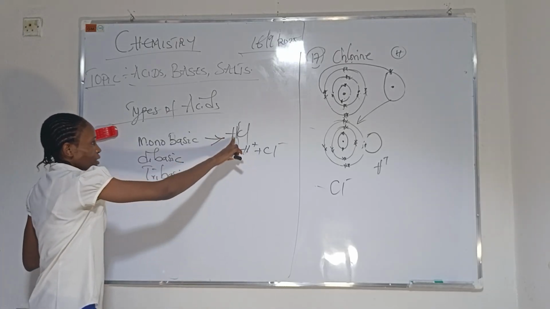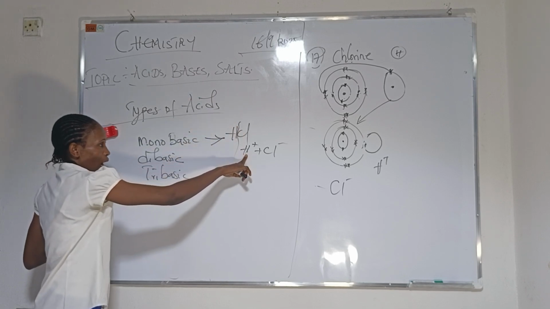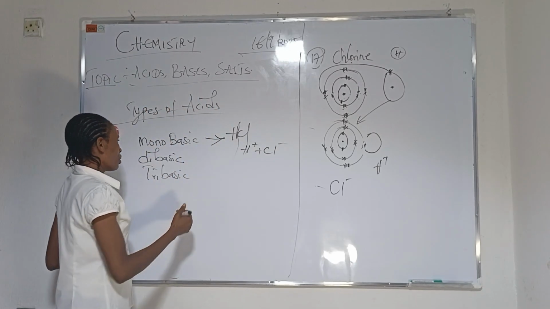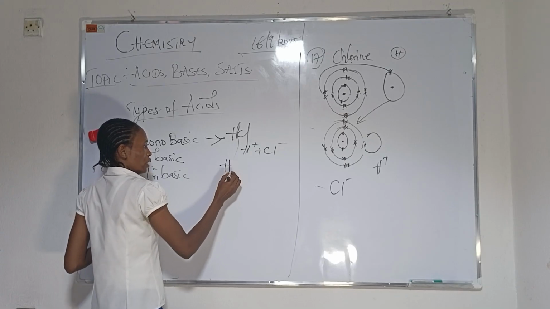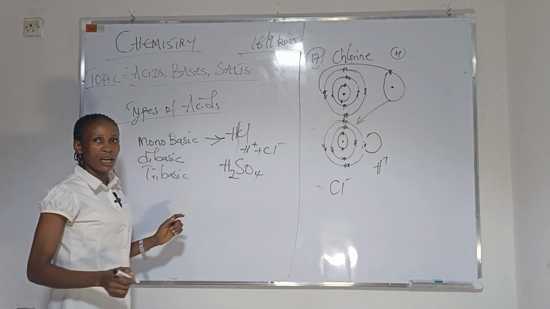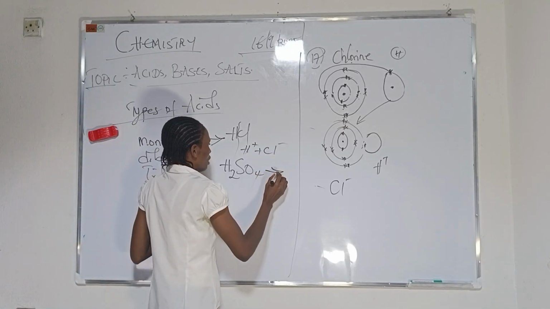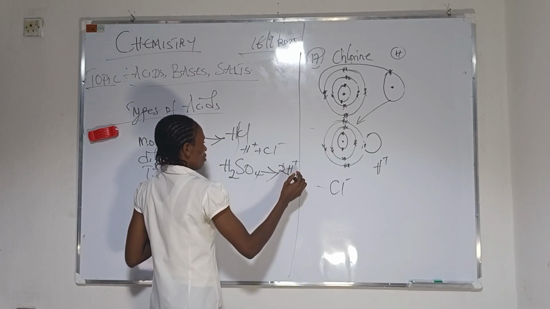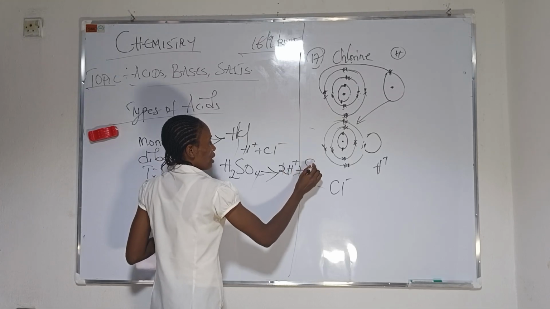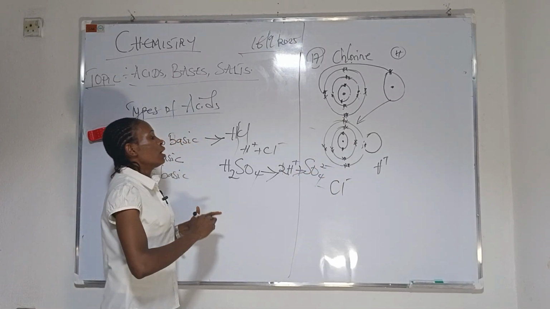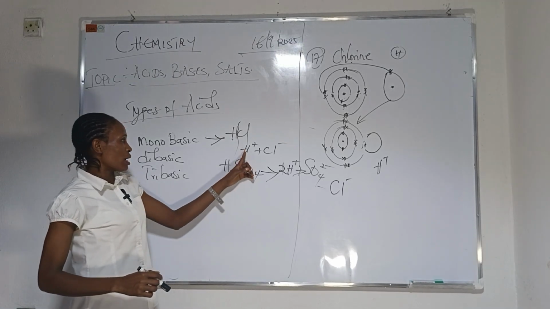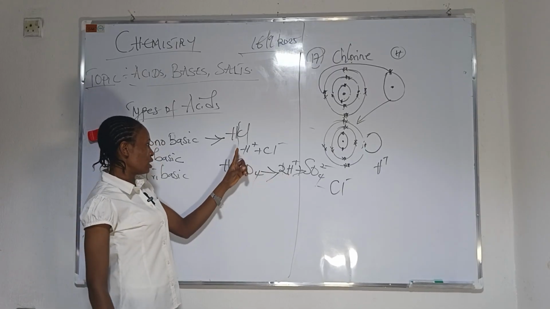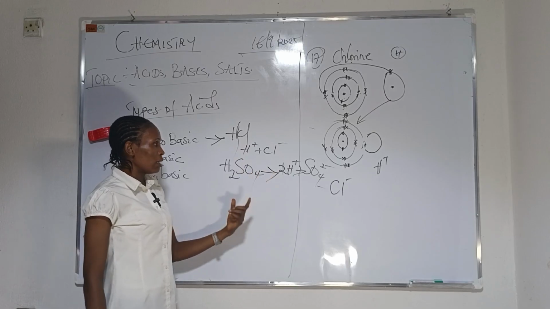When dissociation takes place, I am having just one hydrogen ion, and just one chlorine ion. Let's look at the second example. We have H2SO4, for instance. If dissociation takes place, I will have 2H positive and SO4 as a radical. As you can see, this is just one hydrogen ion, and here is 2 hydrogen ions, making this monobasic and this dibasic.